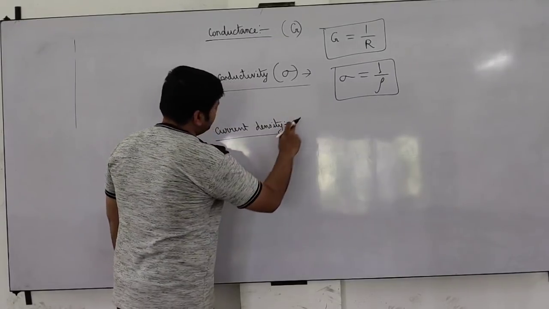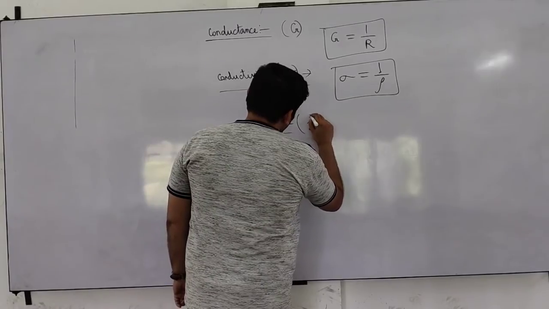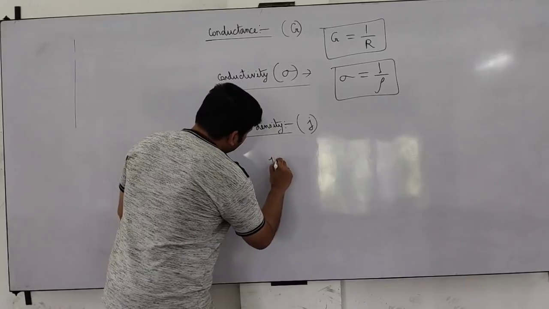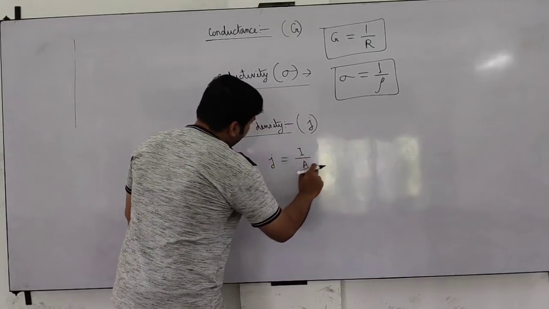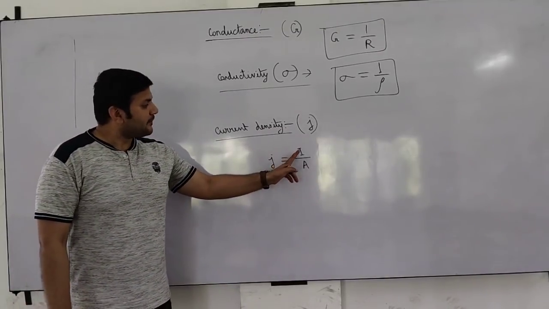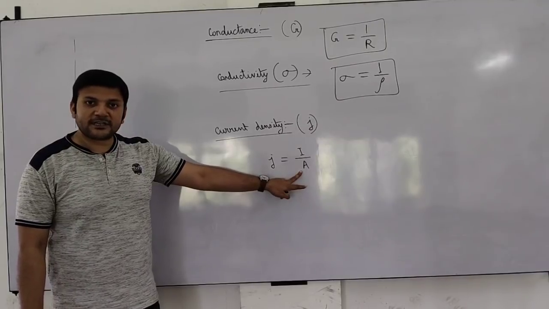Current density J is equal to I by A. I is the current, A is the area of cross section.